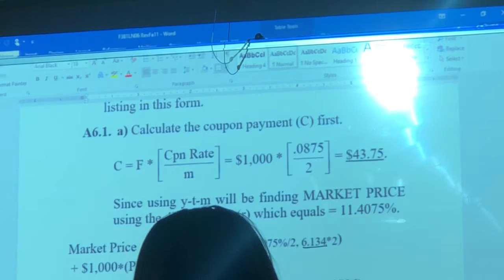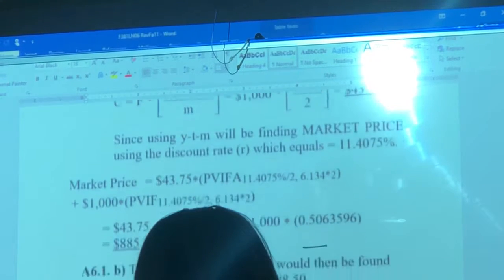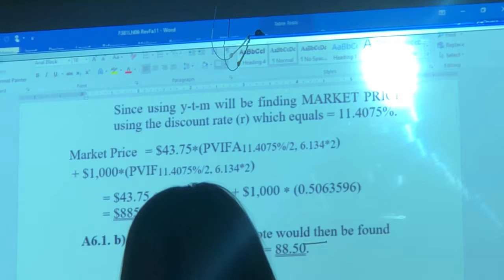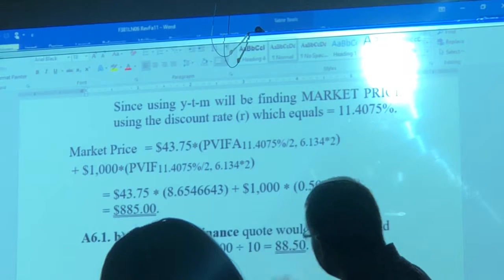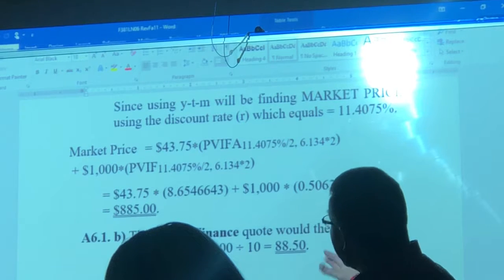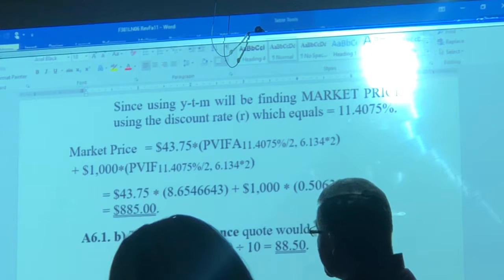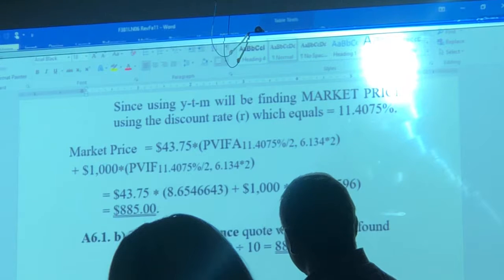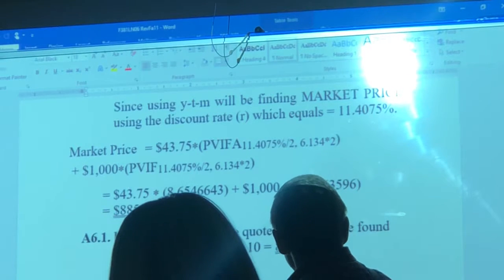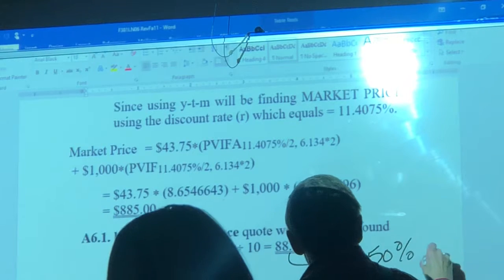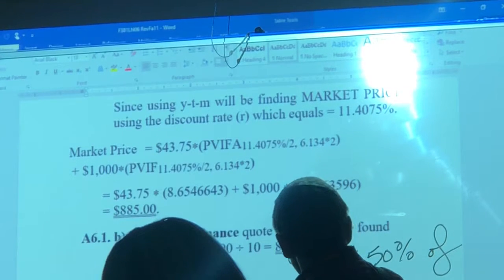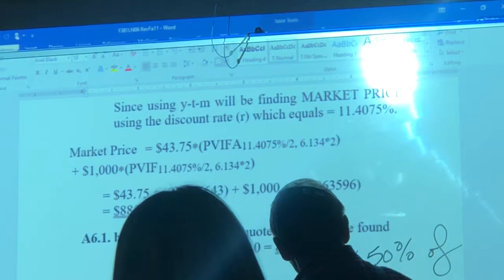So it turns out that in dollars, $885. The Yahoo Finance quote, again, as a percent of face value, it's 88.50%.